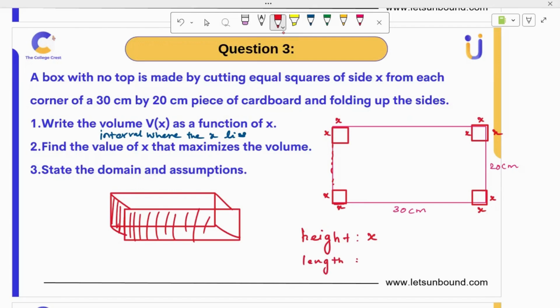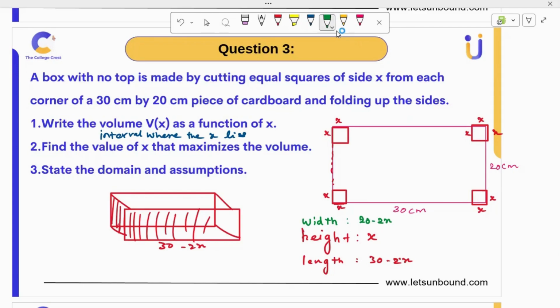The longer part, like 30, and 2x has been cut, right? So 30 minus 2x. And your width, we can write here: again 20 minus 2x, from the whole 20 we cut two parts. So this is the situation: we got the box with no top and its dimensions in terms of a single variable.